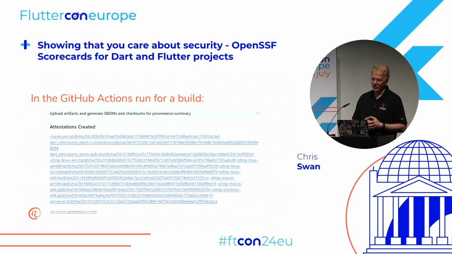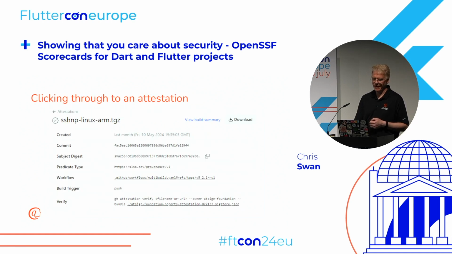When you do these during a build, it'll generate a whole bunch of attestations, and this is the screen grab of the links to those attestations. If I click through into one of those, we can see that I was building a package with some binaries here, and it's giving me a whole bunch of provenance information. So it's showing an attestation that this was built in a knowable way.